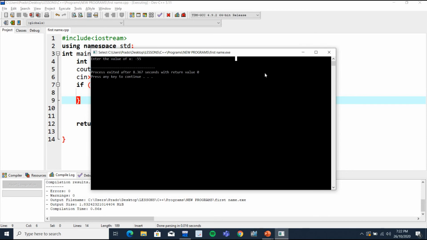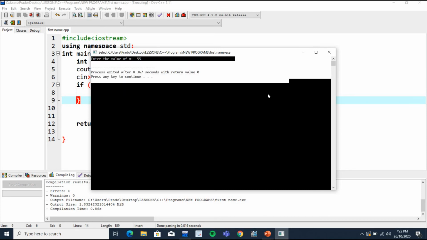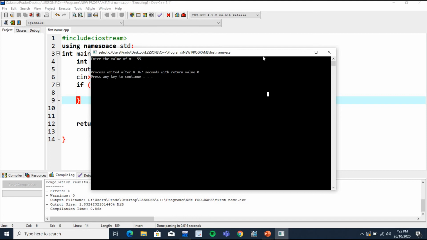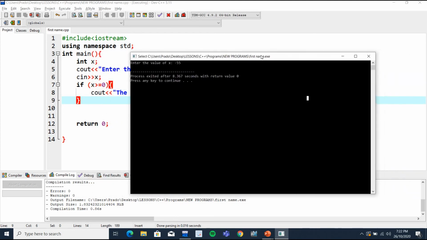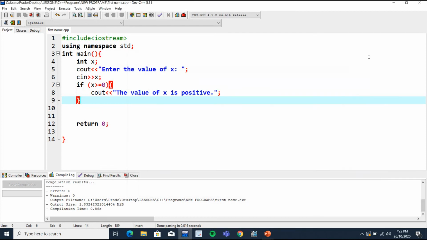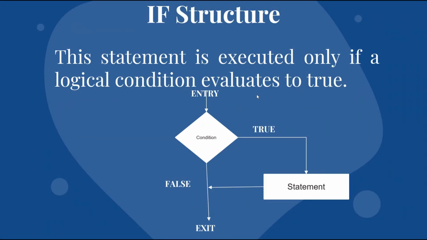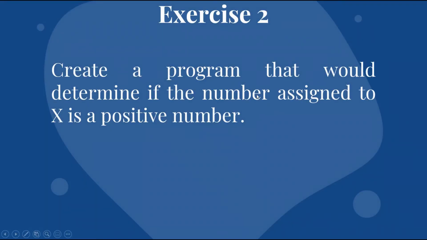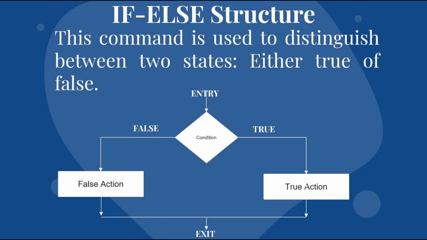So, ito po yung gamit ng if statement. True lang po yung kanyang nababasa, walang false. Which is, pinagkaiba naman nilang dalawa sa dito sa may if-else. Ang if-else naman, this command is used to distinguish between two states, either true or false.